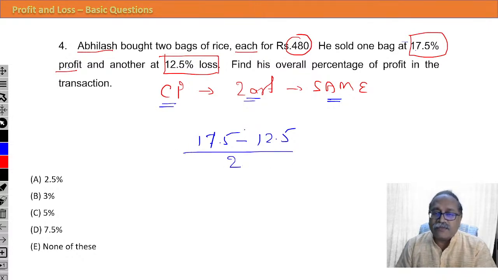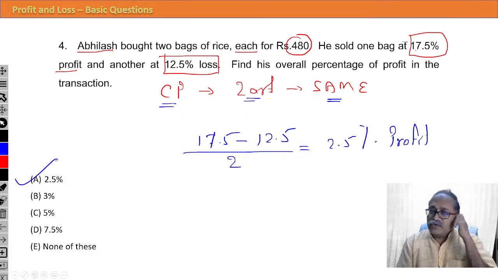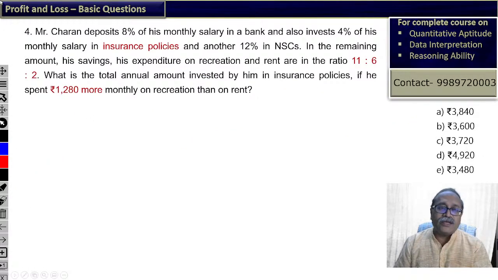So finally I get 5 by 2, which is 2.5%. It is positive, therefore it's a profit. That's right, Madhav. I really appreciate it. I love to see you on the board, and your ability is increasing day by day.